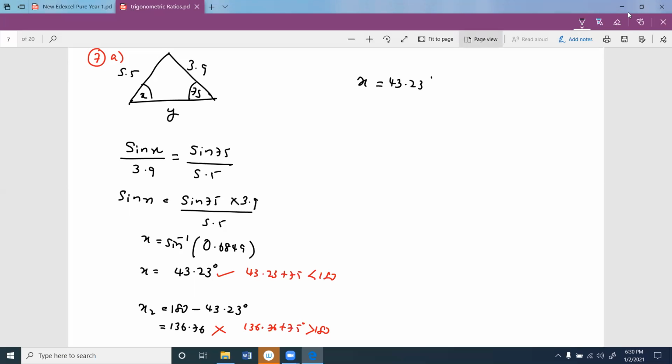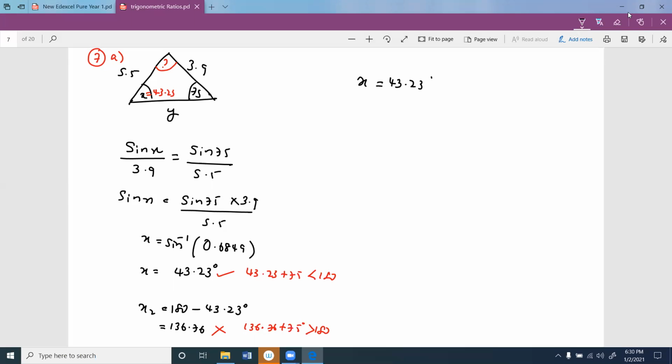After receiving this answer I just put it over here, since it might be helpful. Then to find y, definitely I need this angle. I know these two sides, so I can find the value for y. Initially I can find this angle.